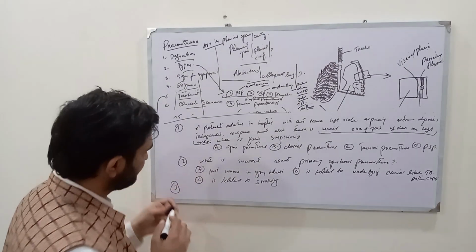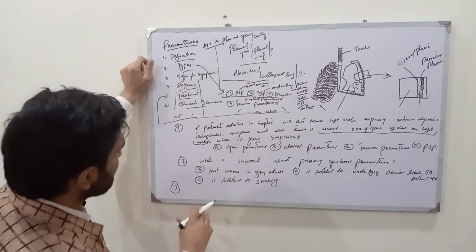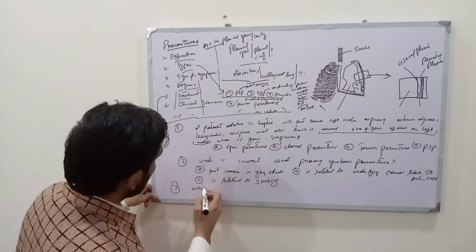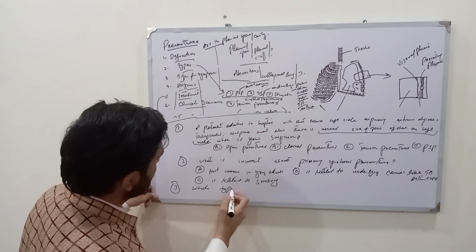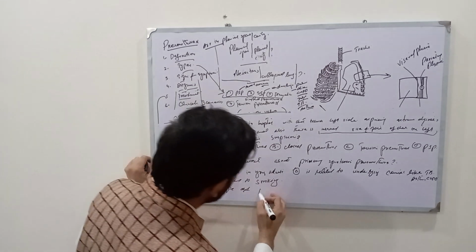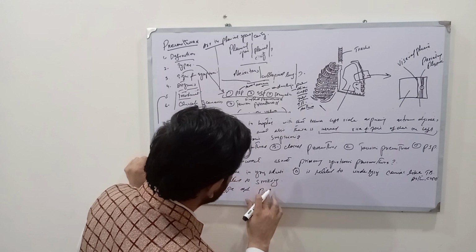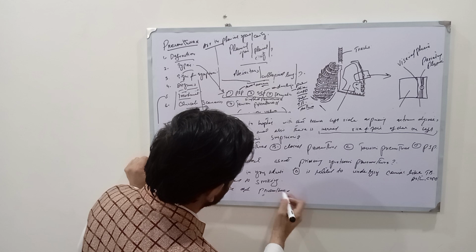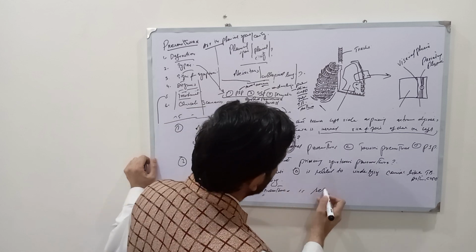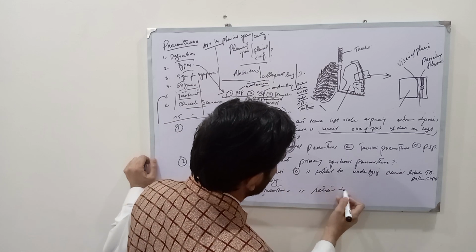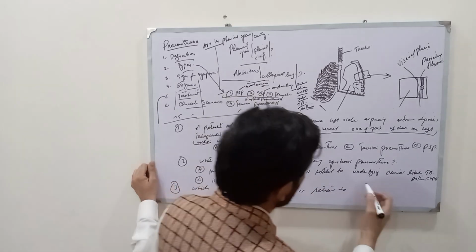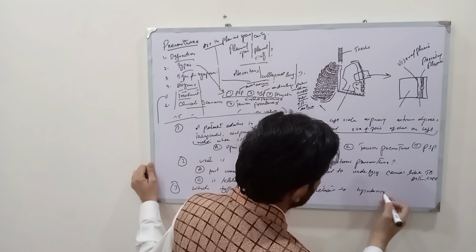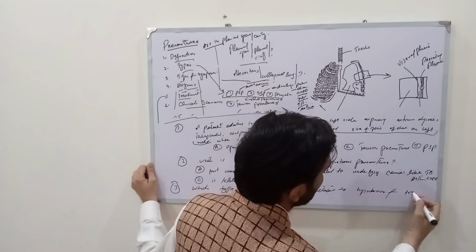Next question, third. Which type of pneumothorax is related to hypotension and tracheal deviation?